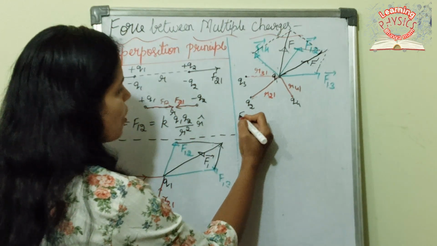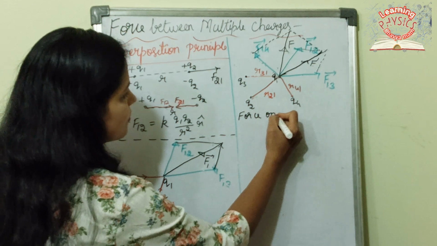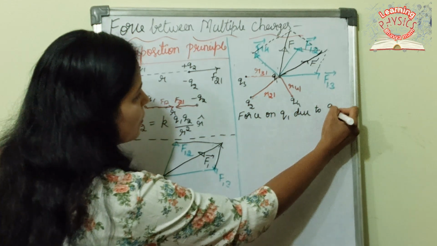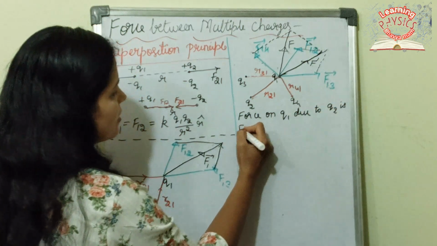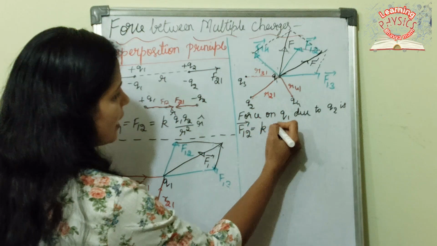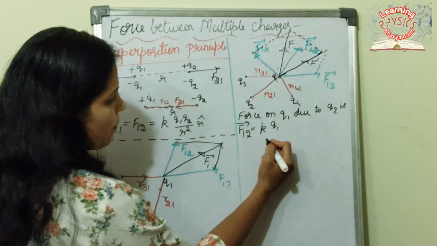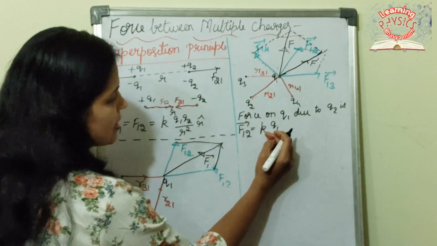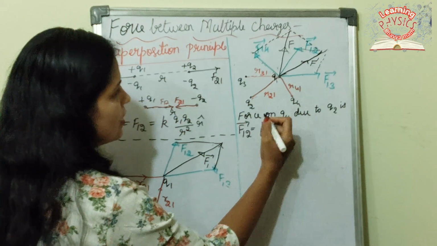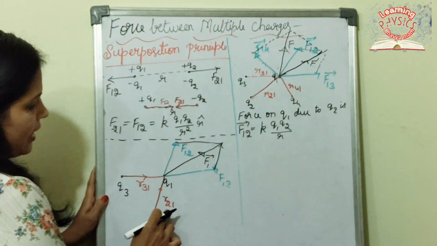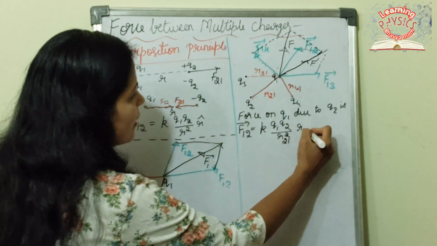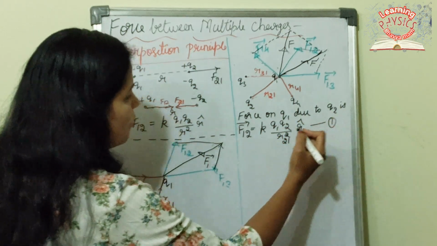Now, force on Q1 due to Q2: force on 1 due to 2, F12, is constant K. You can also write 1 upon 4 pi epsilon naught, but I am not writing. I'll just write constant K, Q1, Q2 divided by R21 square, R21 cap. Call it equation 1.